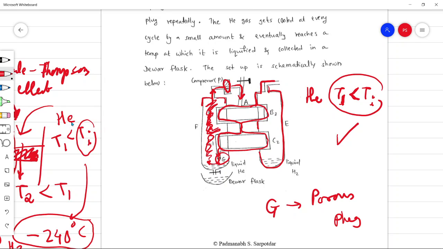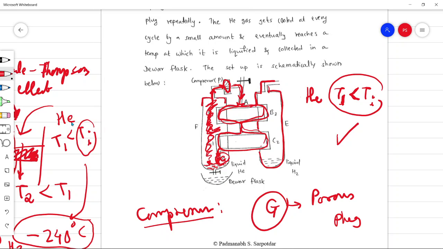Now this cooled helium is again sucked by the compressor and fed back into this tube structure, so that when it passes through this plug G, it gets cooled again. This process is carried out continuously by running the compressor, and eventually the temperature after passing through G is so low that helium gets liquefied and starts to collect inside this tube.